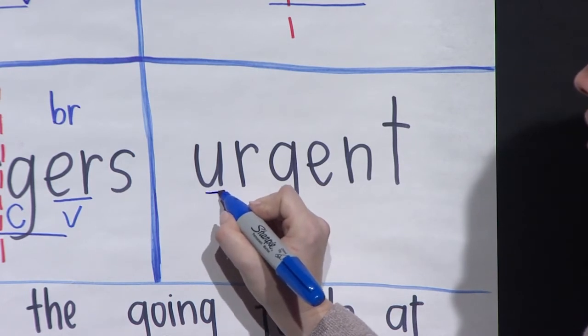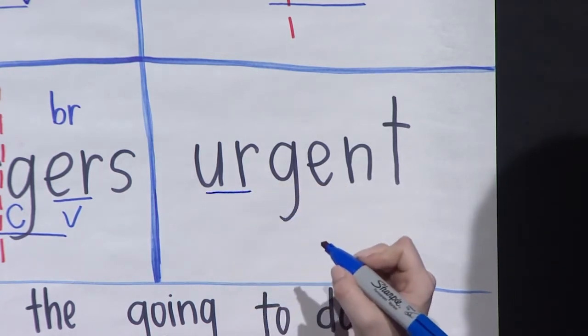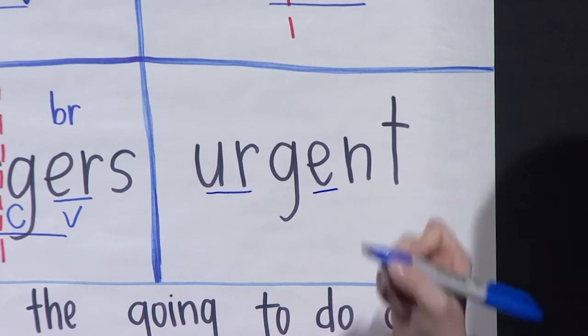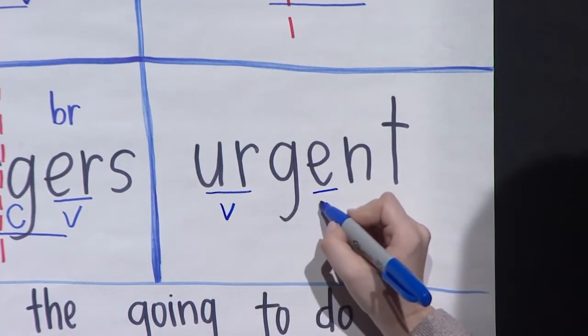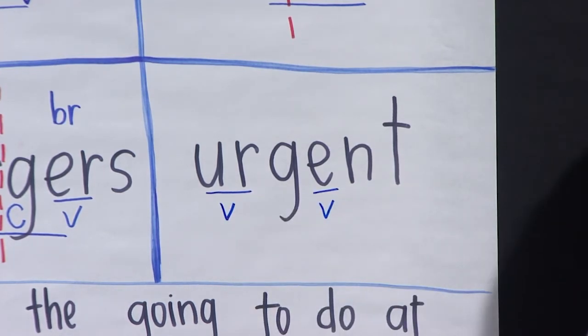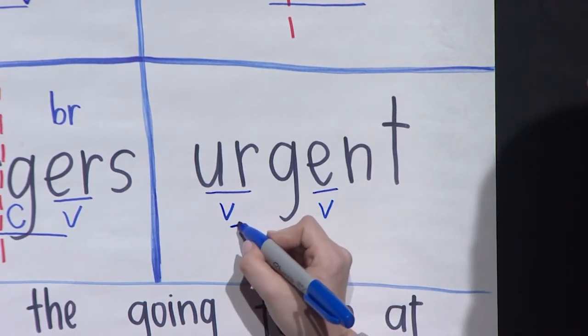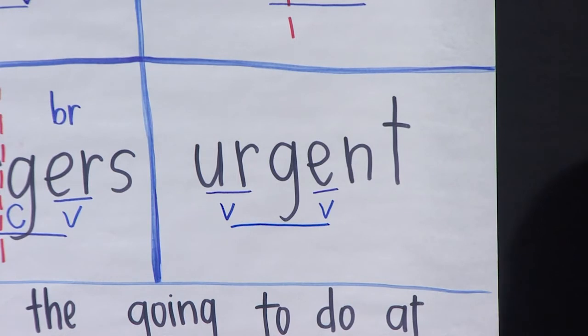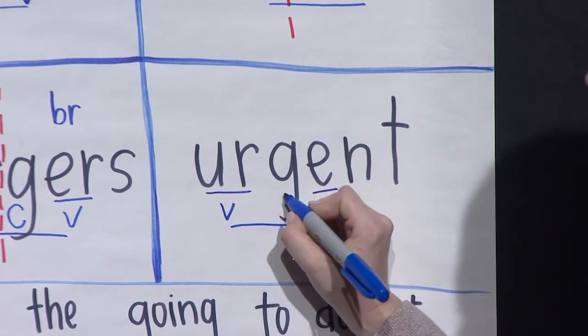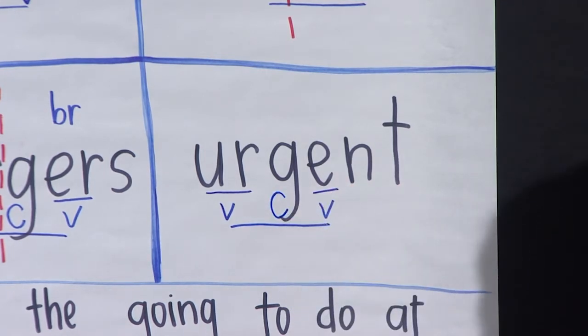I see R controlled UR and E. What does step 2 ask me to do? Draw a bridge to connect my vowels. What do I do next? Very good. Label the consonant I see on my bridge. I see consonant G.